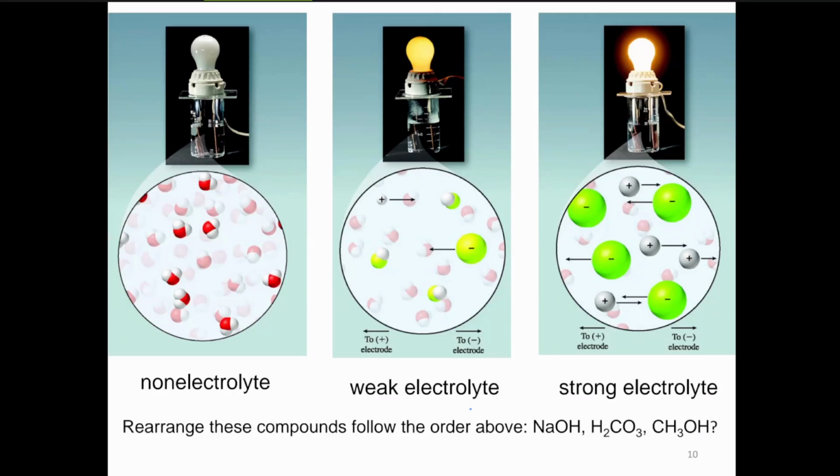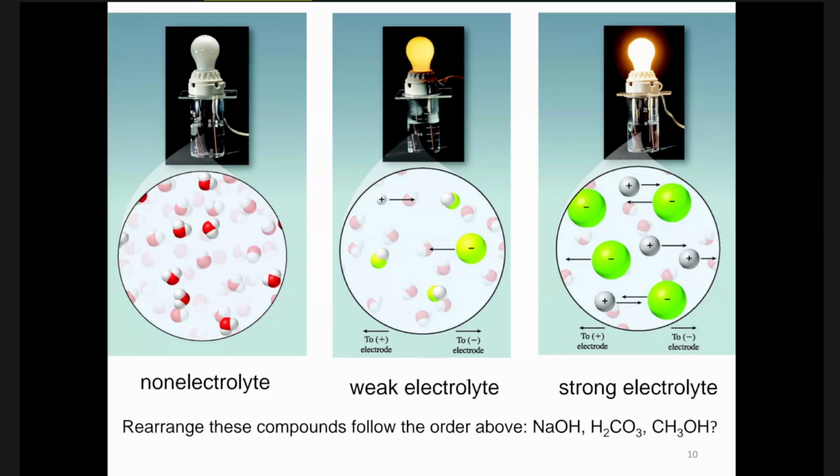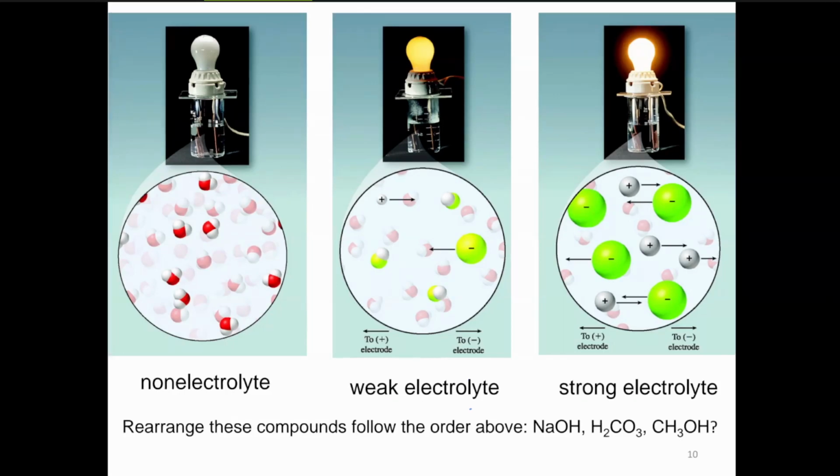In the case of a weak electrolyte, you can put H2CO3 here, because it will have equilibrium with H+ and HCO3-, and also HCO3- in equilibrium with H+ and CO3 2-. Because there are two equilibria, it exists both as ions and as molecules.